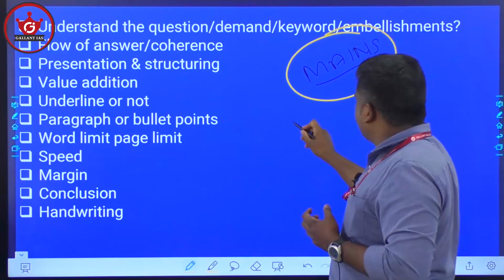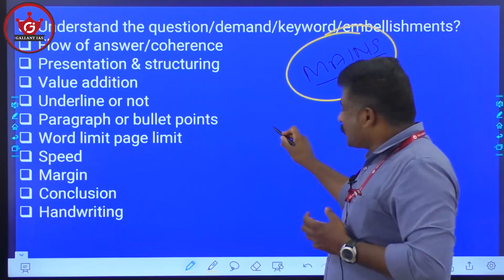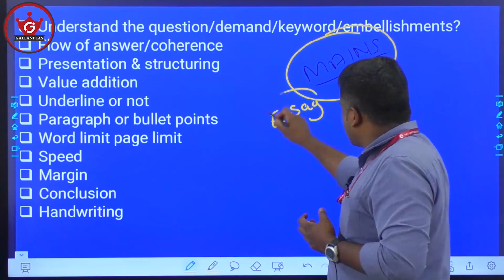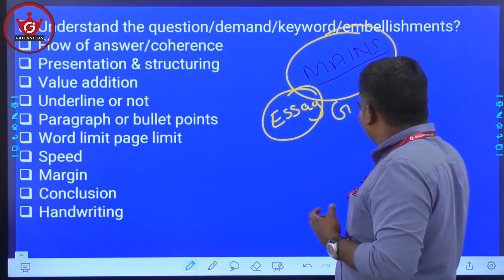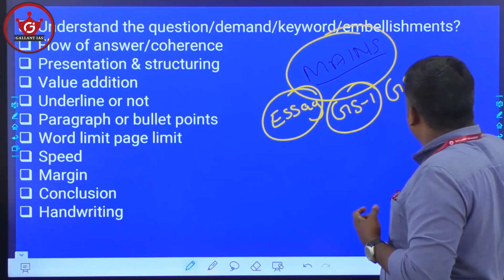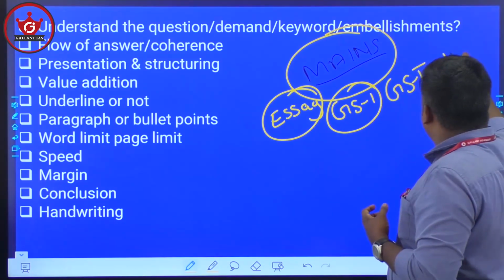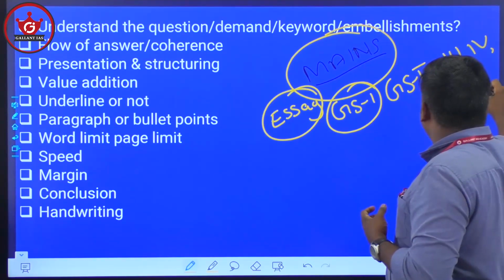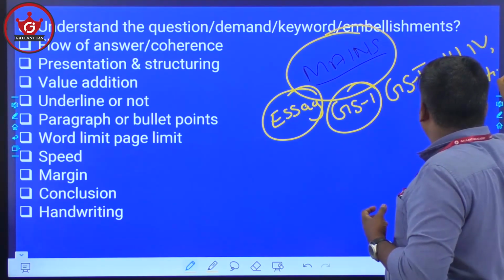you all know that we have papers like an essay paper, general studies paper 1, general studies paper 2, paper 3, and general studies paper 4. Plus you have optional subjects, 2 optional papers.